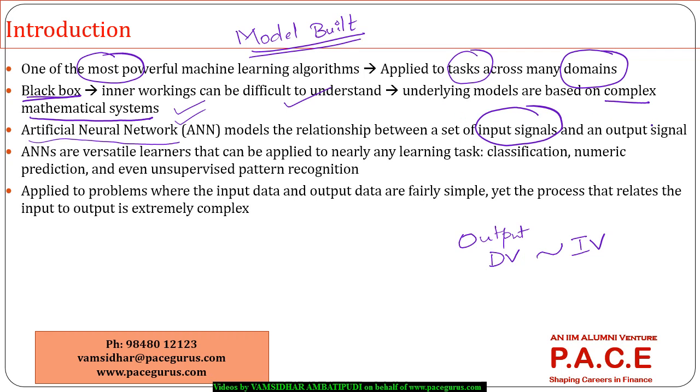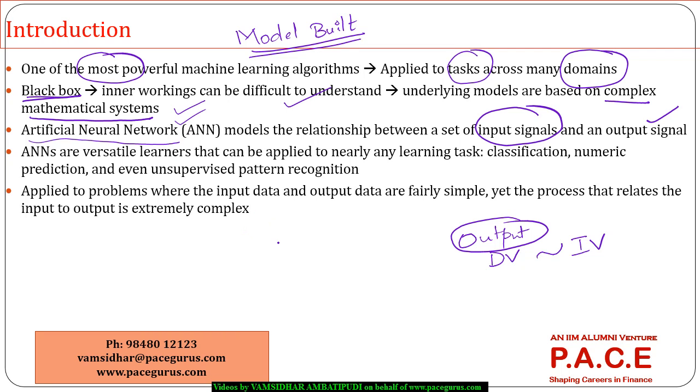Here we use the word signals. An output signal is more like a dependent variable, and we are trying to build relationships between a set of input signals, which is a set of input variables, and one output variable, which is the dependent variable.